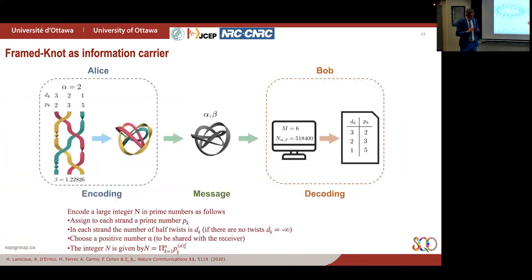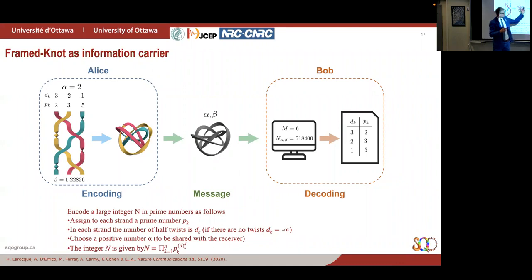And we were able to create this, and also we use this twist to send information in an RSA-like protocol. We want to send prime numbers, and you can assign them to a certain braid with certain twists, and we know how to move from the braid points to the knot topology, and we can use it as a backdoor to send information.